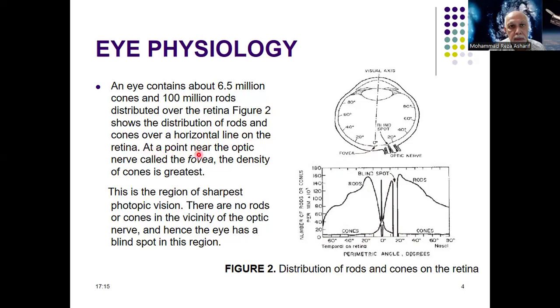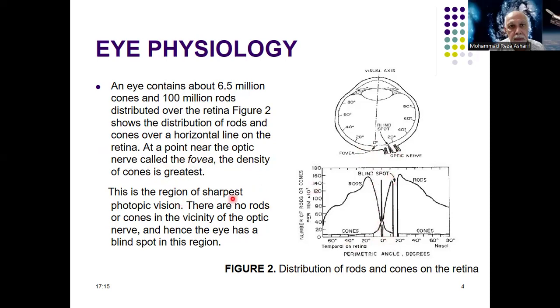At the point near the optic nerve, here is optic nerve, called fovea. This is fovea. The density of the cone is greater here. Here is fovea, and density is highest.